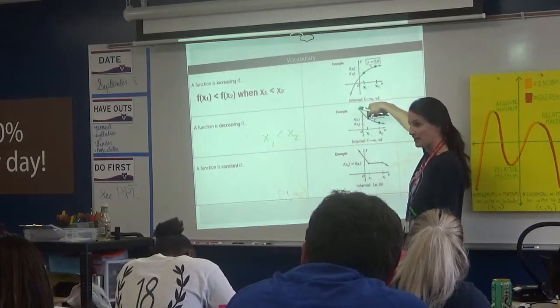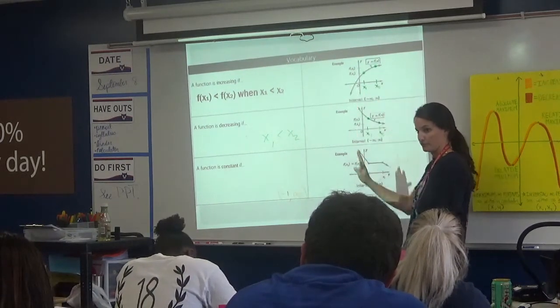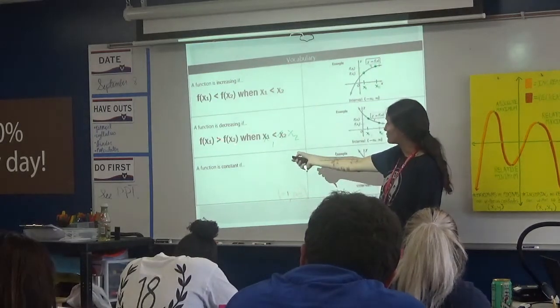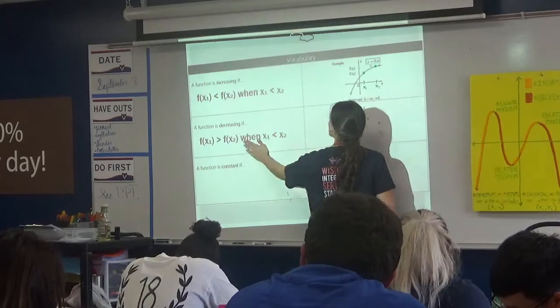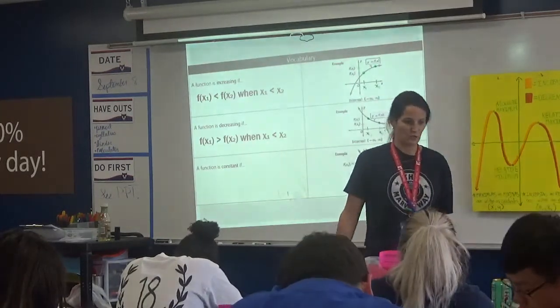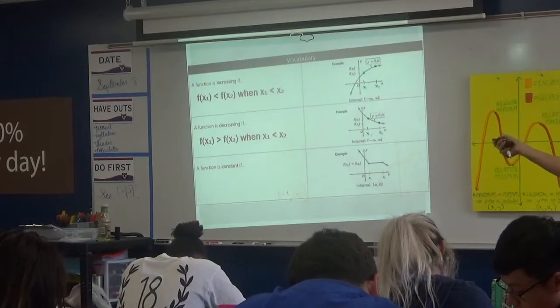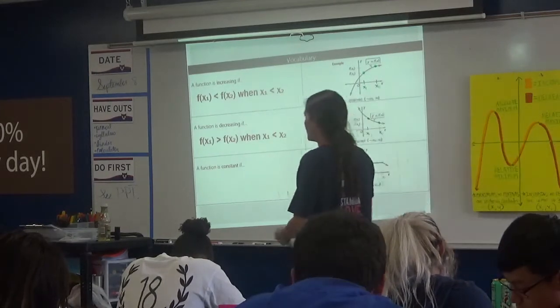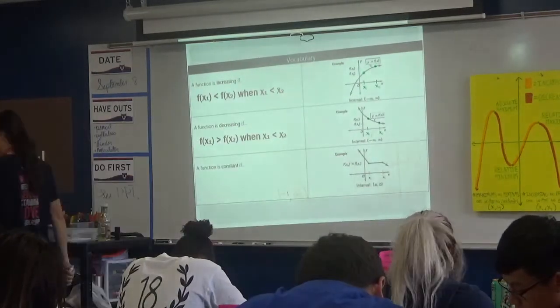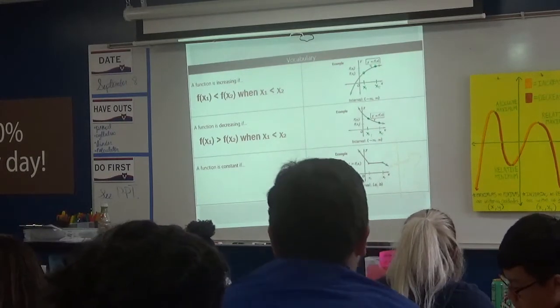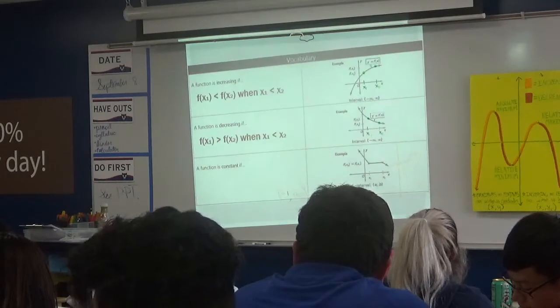This first point had to be higher than the second point for it to be going down. So we're going to say f of x1 is greater than f of x2 when x1 is less than x2. Again, with this notation, you're not going to be doing yourself a whole lot, but it's just a way to describe what we mean by something going up or going down, increasing or decreasing. We're all writing it. We're good. Can you see it?